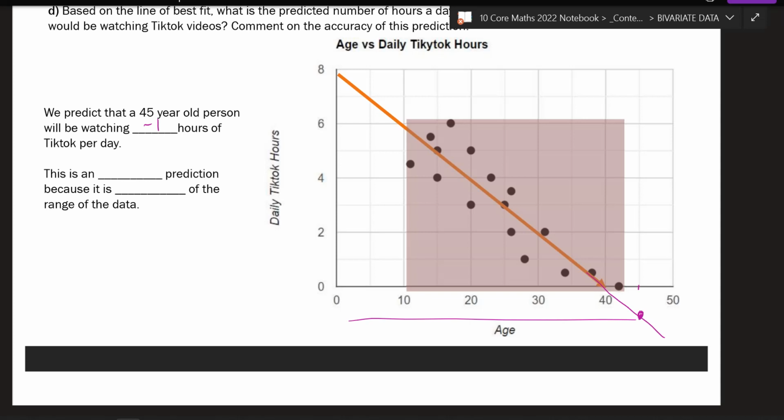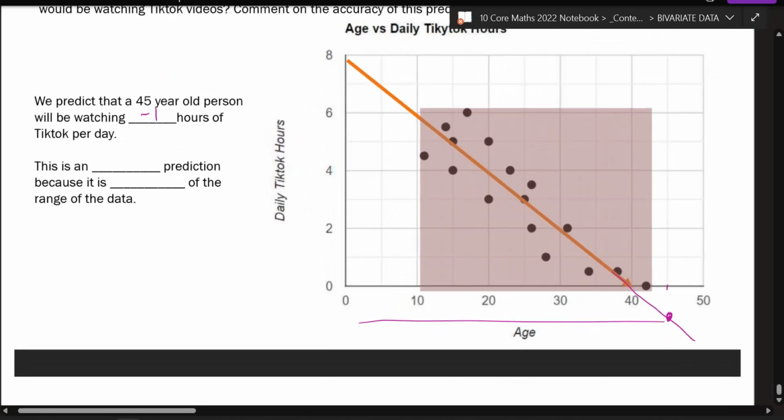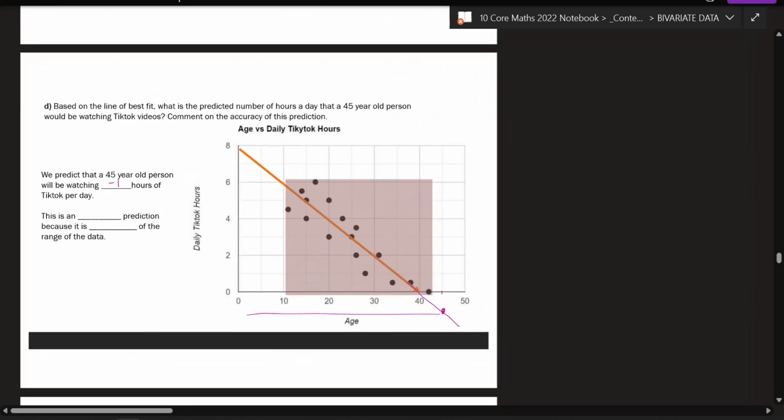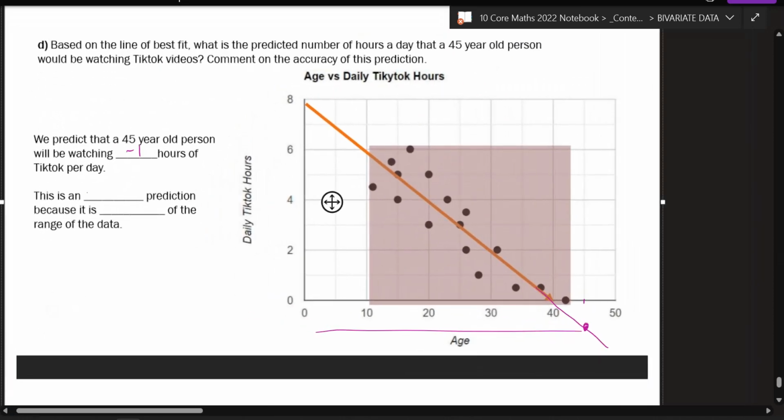So as we answer it, is this accurate or inaccurate? It's inaccurate, so it's going to be unreliable, yeah? Unreliable prediction because it is outside. And I forgot to include extrapolation there.